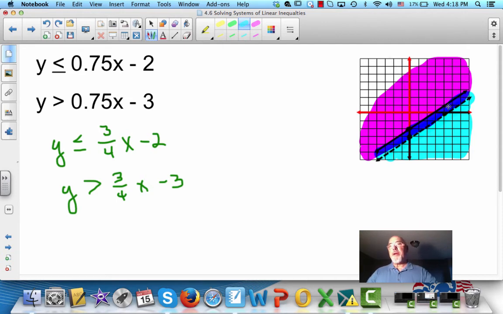It's going to be in that blue area that I just highlighted very well. But the one thing you got to know is you can choose anything from the blue area. You can choose anything from the solid line. But you cannot choose anything that's on the dashed line. So your solution involves two places. It's either on this line here, or it's in the blue area, but it is not on this dashed line.